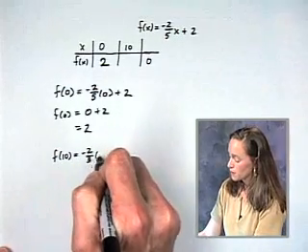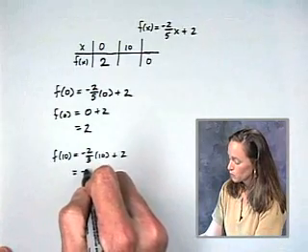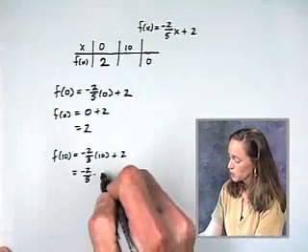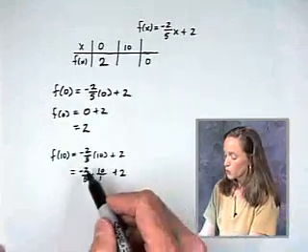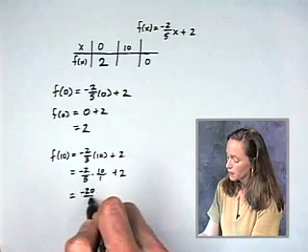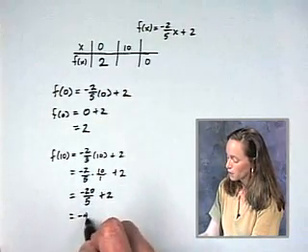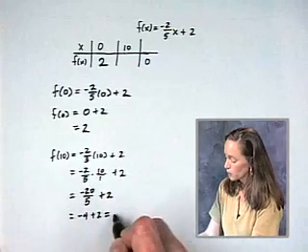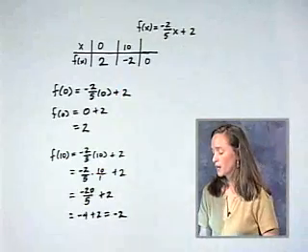Substitute 10 for x. To simplify, remember that when you multiply fractions, to consider 10 to be 10 over 1, multiply numerators and denominators. This is negative 20 fifths plus 2, which is negative 4 plus 2, or negative 2. We can fill negative 2 into our table.